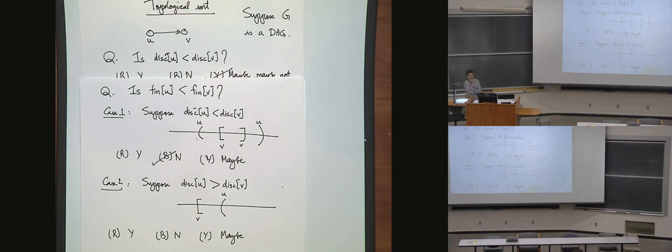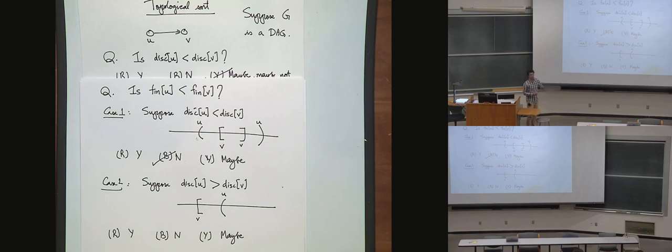It's more tentative. There are a bunch of somewhat no's. Why? Because it's a DAG, V has no connection to U. V has no path back to U. So V has to, the square parentheses has to finish before the open parentheses. Because if the square ended over there, then by the parentheses theorem, U is going to be a descendant of V, but it's a DAG.